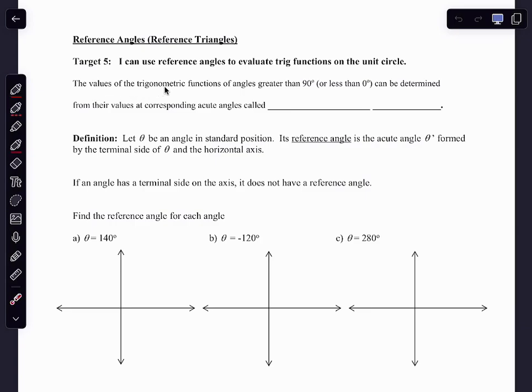It says the values of trigonometric functions like sine, cosine, tangent of angles greater than 90 or less than 0, so angles not in quadrant 1, can be determined from their corresponding acute angles called reference angles. Now, what does that mean? Let's write this down, reference angles.